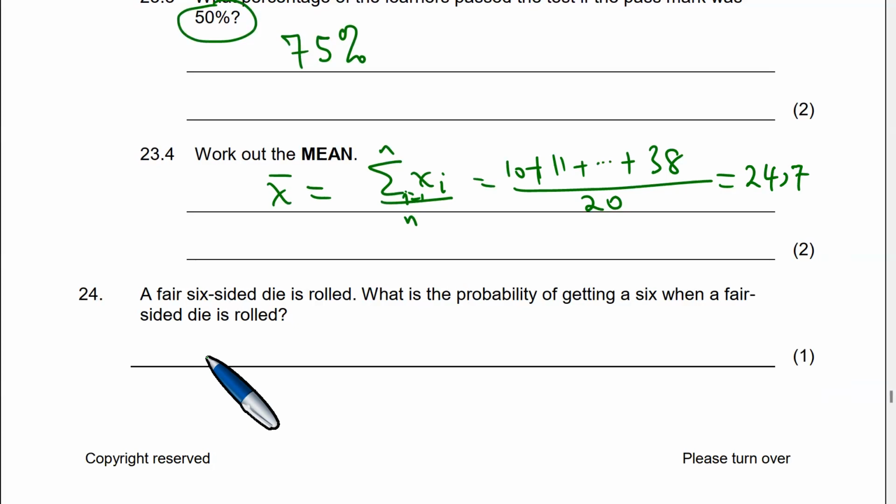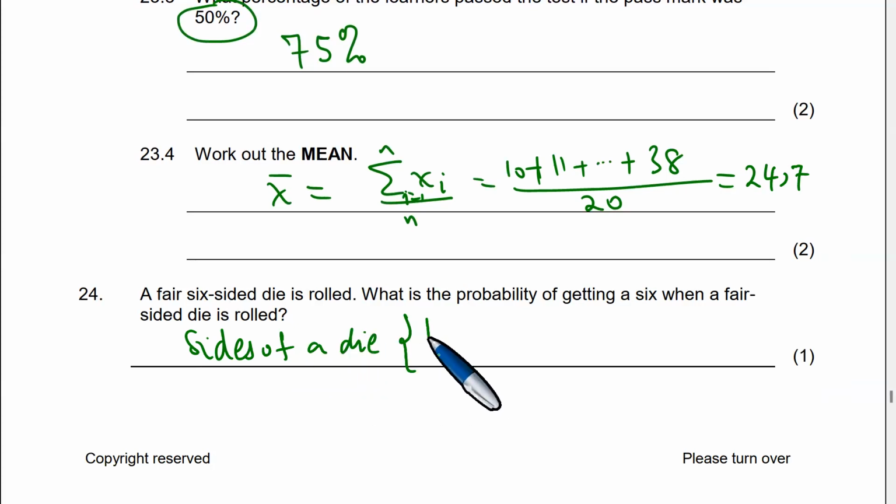So the probability is... What are the sides of a die? The sides of a die. It's 6. There's a side that is 1, 2, 3, 4, 5, 6, right? Yes, sir. There are 6 sides.